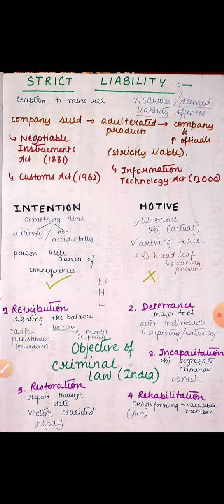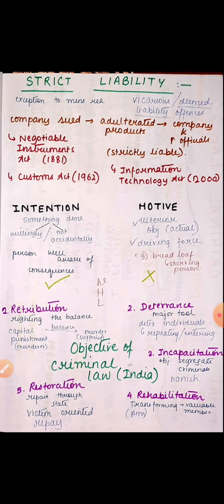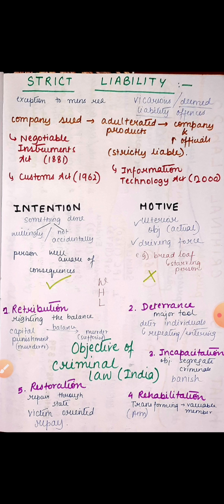Suppose a company manufactures some product used by consumers. Now, if the company suddenly manufactures an adulterated product or a harmful product which causes injury to someone, physical harm or in any other way, then irrespective of whether the high ranking officials of the company, which includes the managers, CEOs and directors, have the mens rea, the intention to actually cause harm to the consumer, they are all strictly liable.